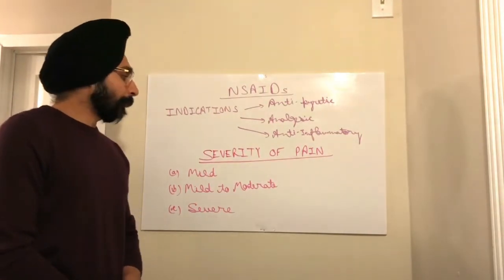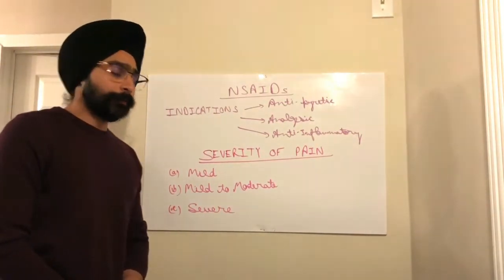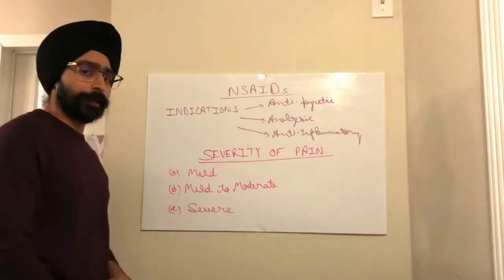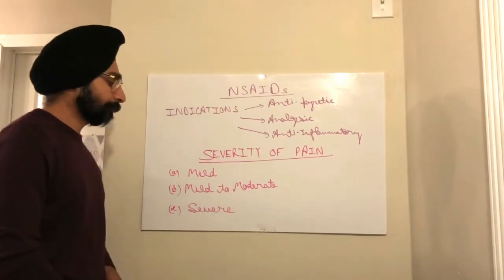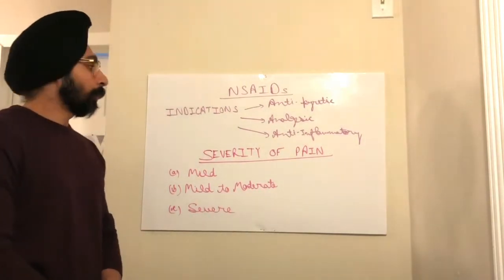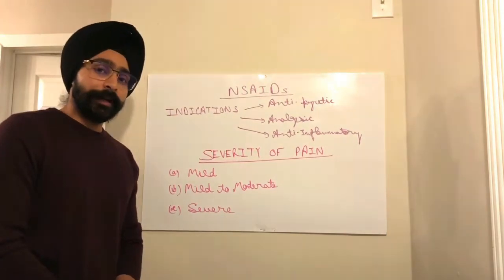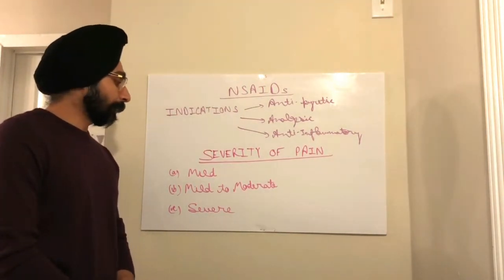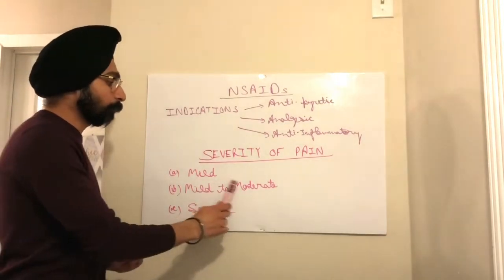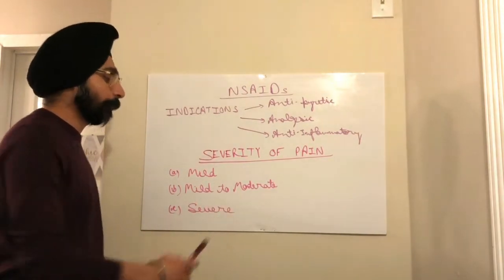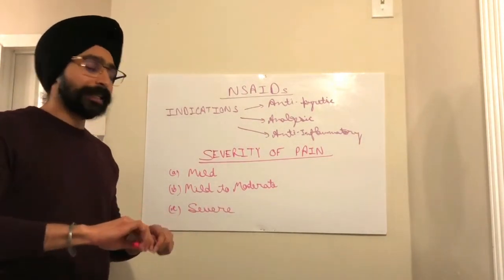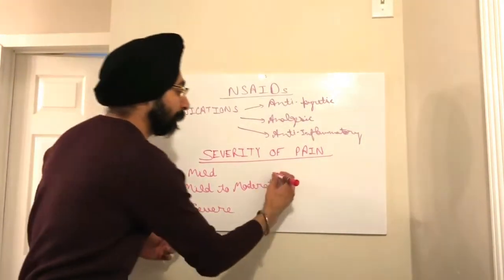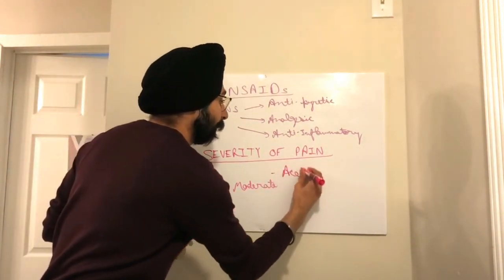So there are different severities of pain. A patient can have mild pain, mild to moderate pain, and severe pain. We have divided which NSAID or which medicine to be given in case a patient has mild to moderate or if a patient has severe pain. So if a patient has mild pain, that patient should be given acetaminophen.